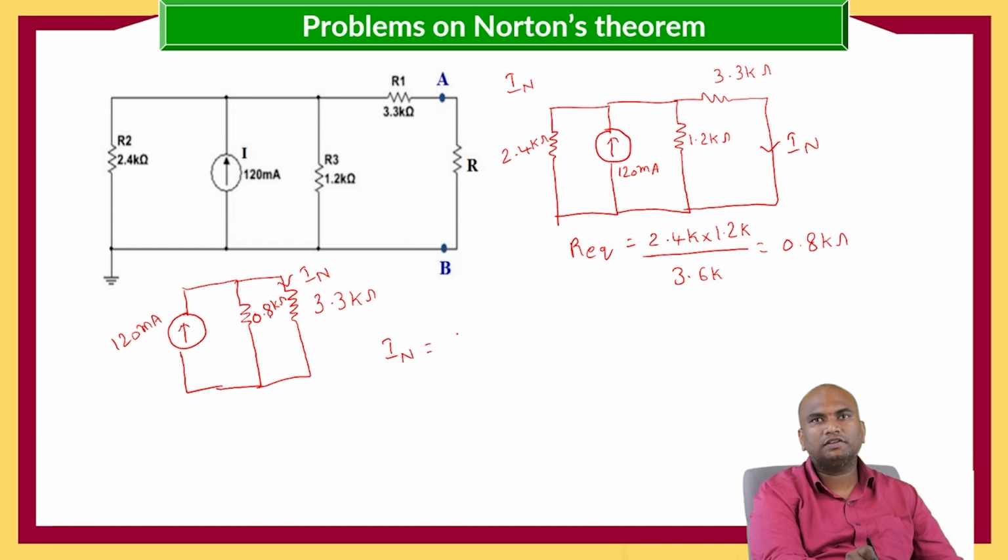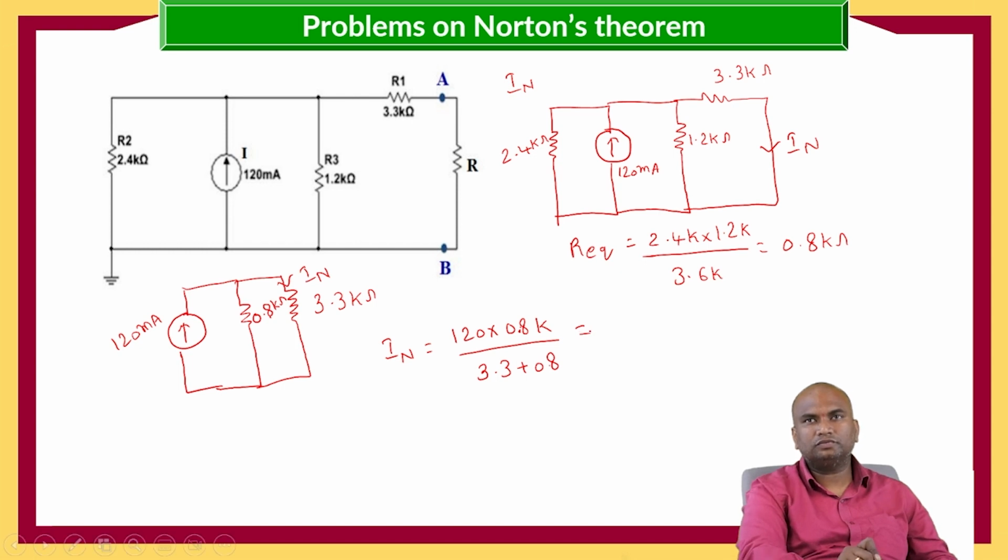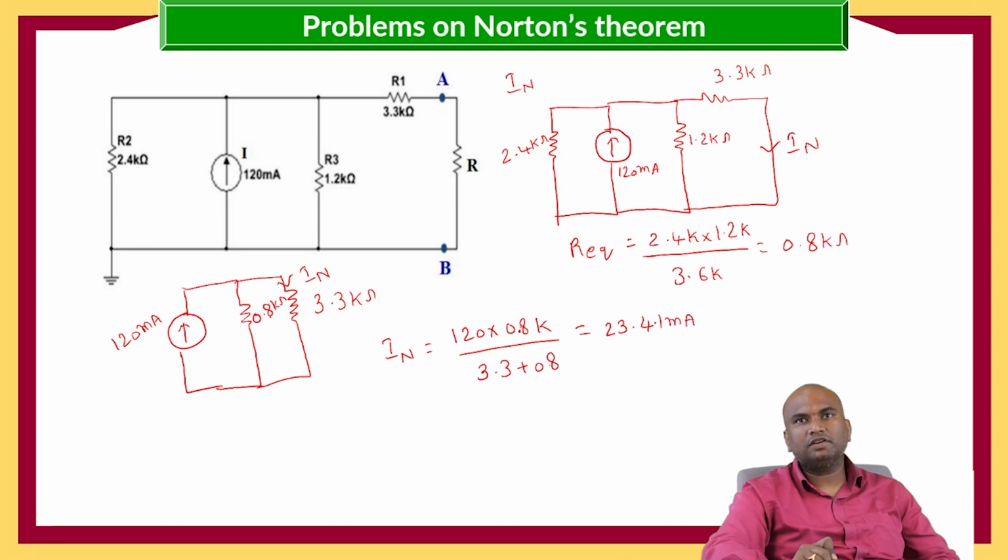So the IN value is equals to 120 into 0.8 kilo divided by 3.3 plus 0.8, which is equals to 23.41 milliamperes.